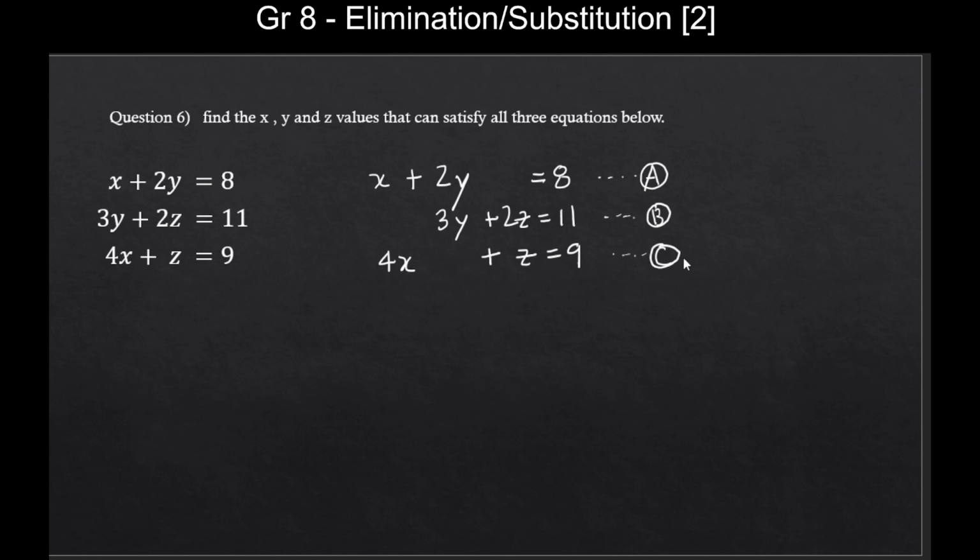Now, what I'm gonna do is, I'll first choose two equations from here. I'll choose this one and this one as an example, okay? And I'll have them rewritten here.